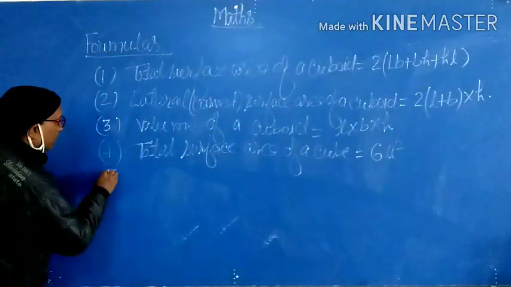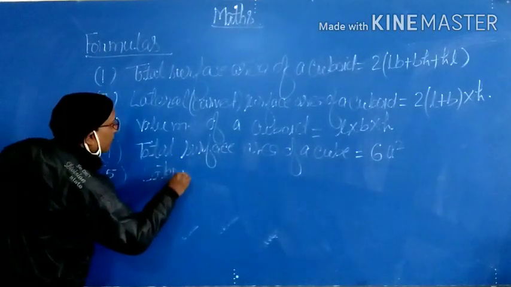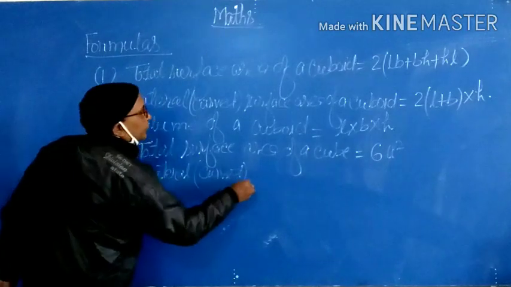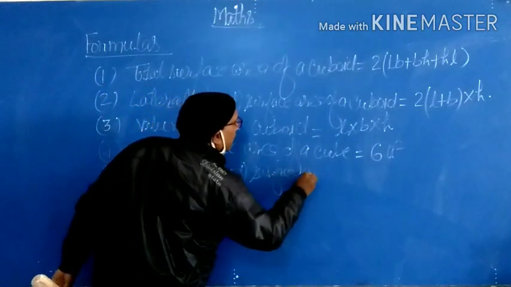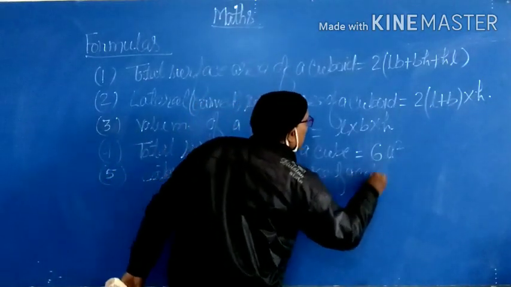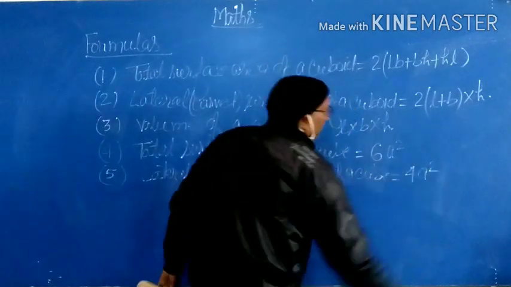Fifth, the lateral or curved surface area of a cube is equal to 4a square.